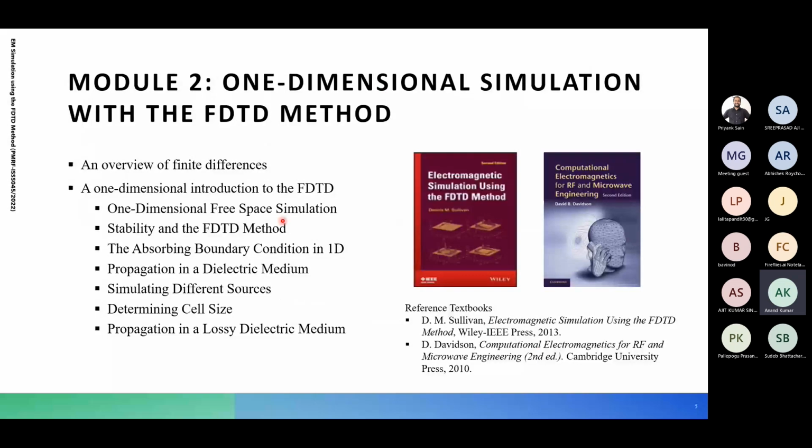We also discussed stability, absorbing boundary conditions, propagation through a dielectric medium, use of different sources, calculating the cell size depending upon the permittivity of the media and the highest frequency of the wave which we are looking at, and propagation through a lossy dielectric medium.